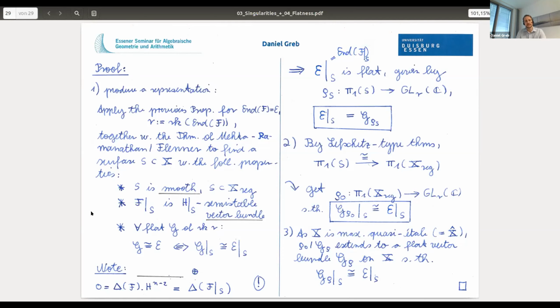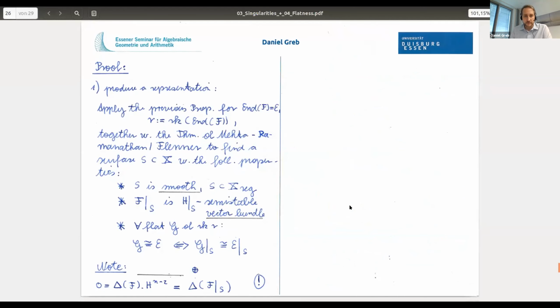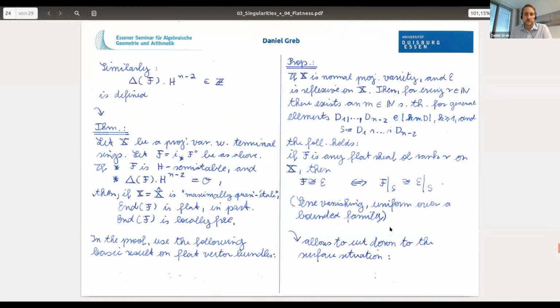So F, which is E, is isomorphic to this flat vector bundle, so it's a flat vector bundle. So in particular, it's locally free. And so you see, while I have not a complete extension of this strong form of Bogomolov to my singular setup, I have something which, as you will see, is as useful.